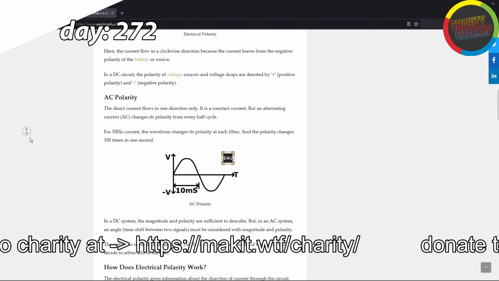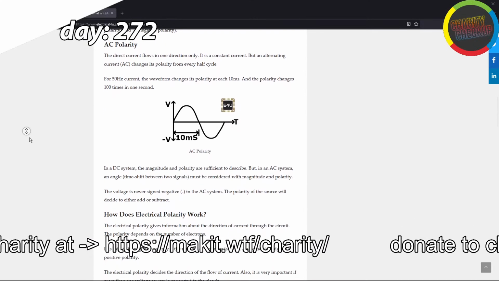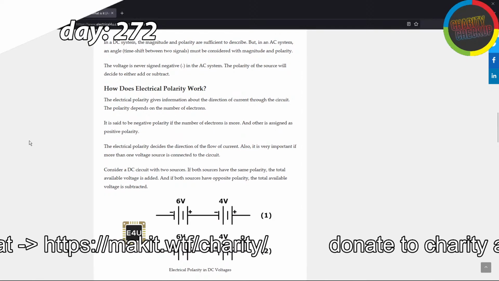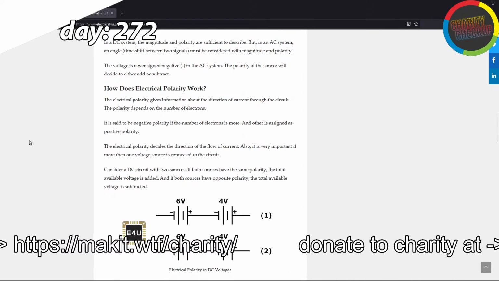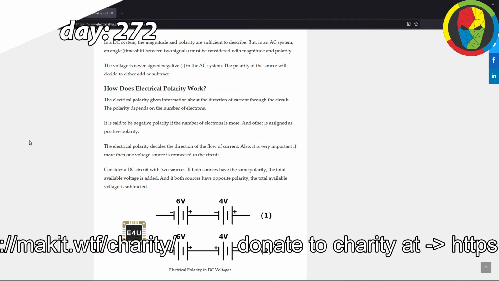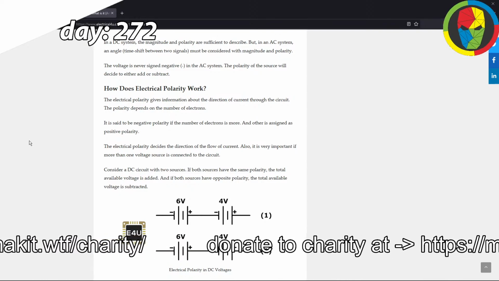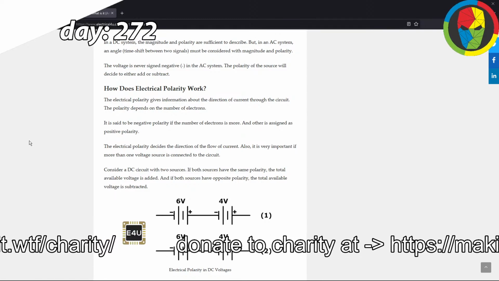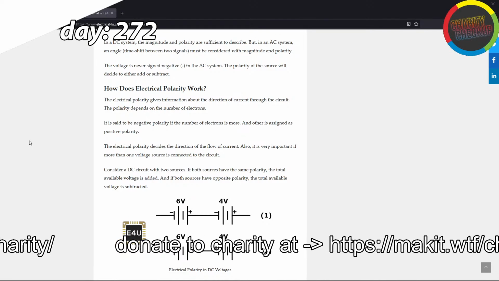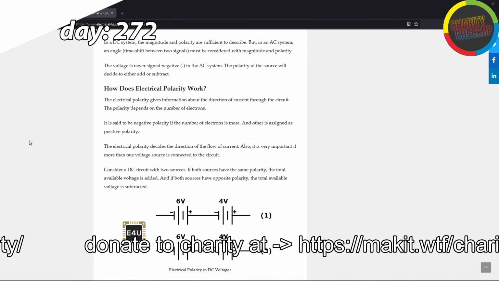Alternating current changes polarity every half cycle. Polarity gives information about the direction of the current through the circuit. It depends on the number of electrons. Negative polarity if electrons are more, the other assigned as positive polarity if the electrons are less.